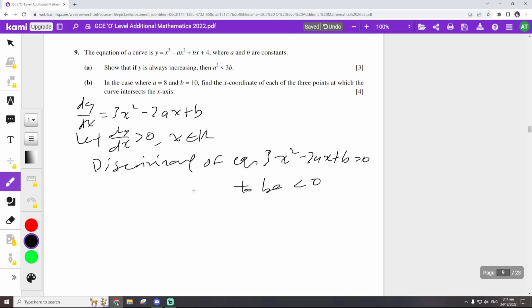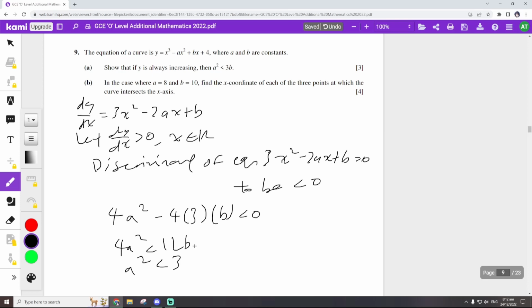So it will always be increasing, right? Okay, so we need 4a squared minus 12b to be less than 0, which is 4a squared less than 12b. Dividing by 4 on both sides gives us a squared less than 3b.